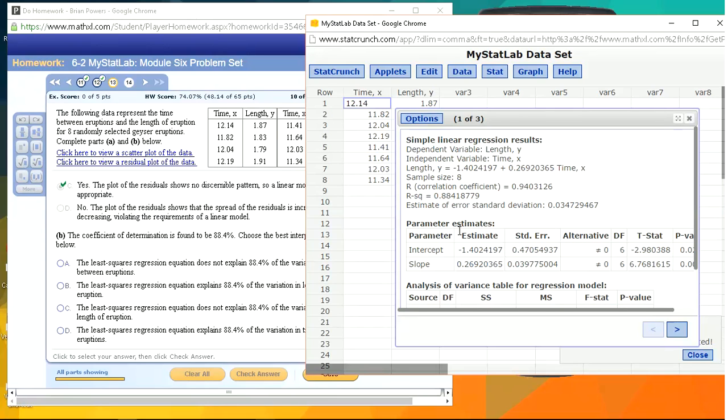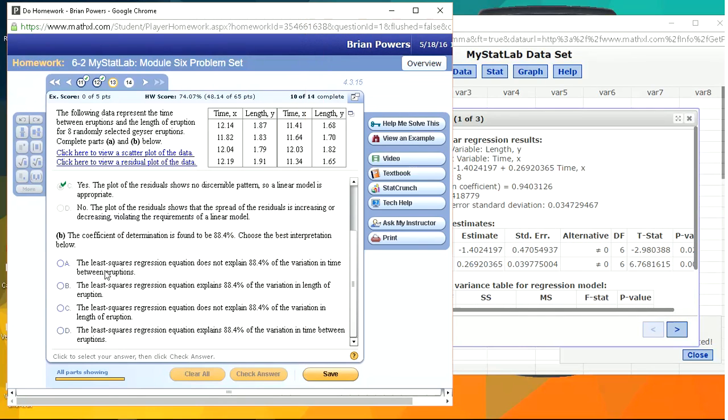Back here, it's saying the least squares regression explains 88.4% of the variation in length. That's right. Length is the response variable, so we are able to explain 88.4% of the variation. And that is what R squared means.